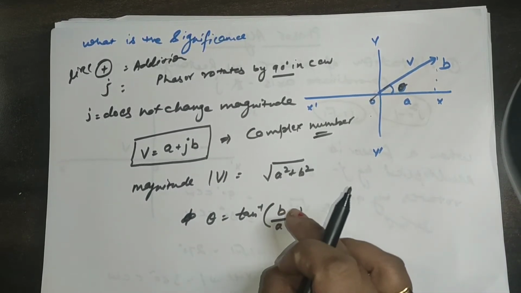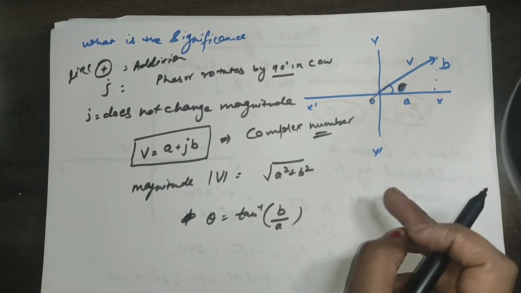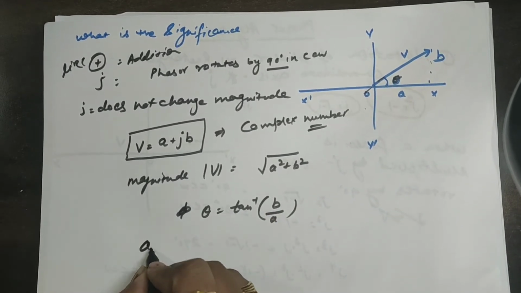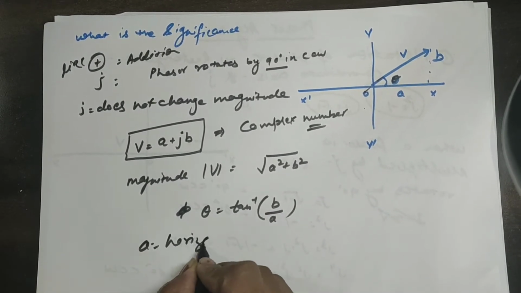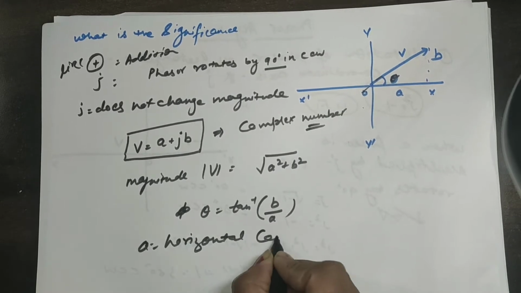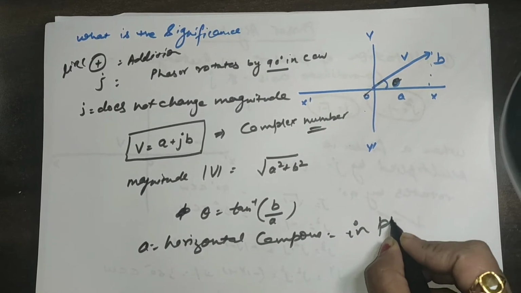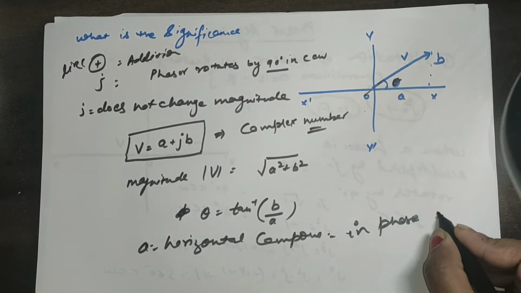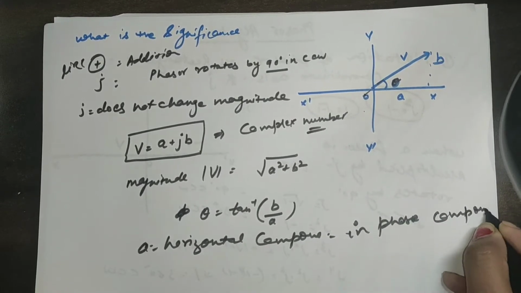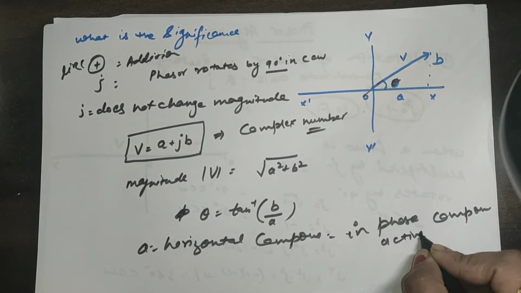The horizontal component A is called the in-phase component, or active component.